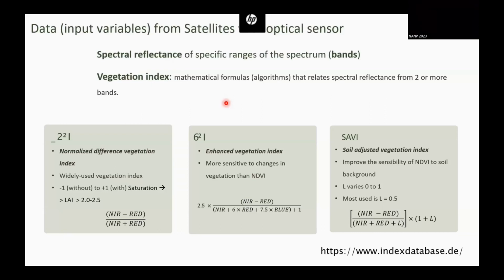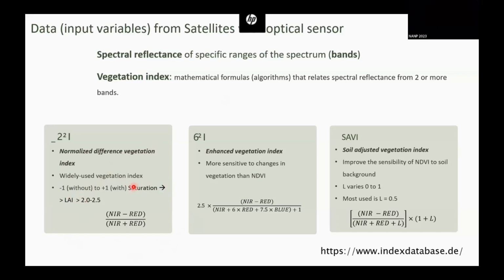The first one is the NDVI, which is the most commonly used vegetation index for agriculture or greenness purposes. Actually, NDVI stands for normalized difference vegetation index, and it is a normalized difference between the near infrared spectrum and the red spectrum.